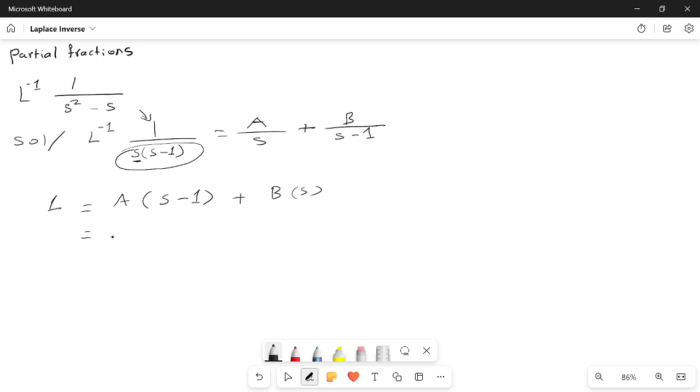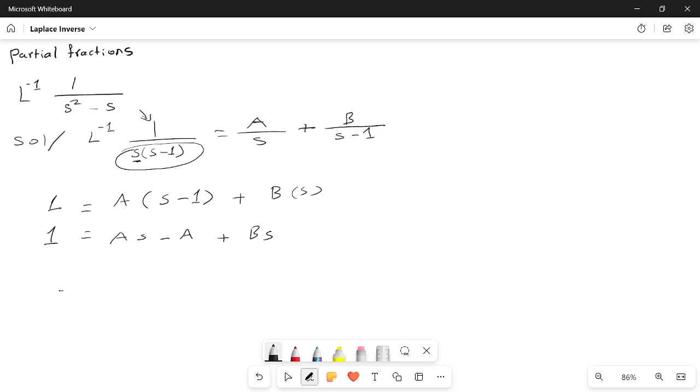Now we distribute A, we get As minus A plus Bs, and we have just the 1 here.